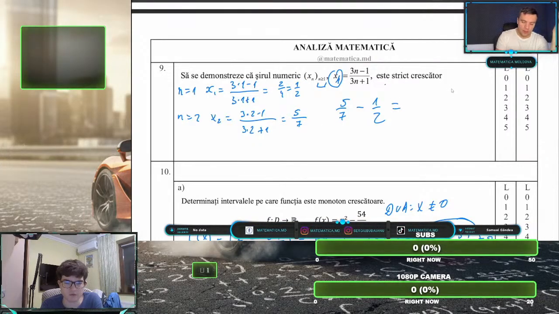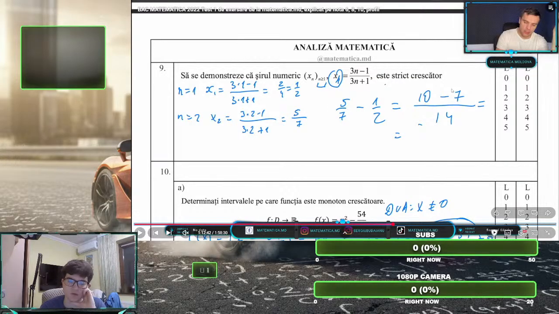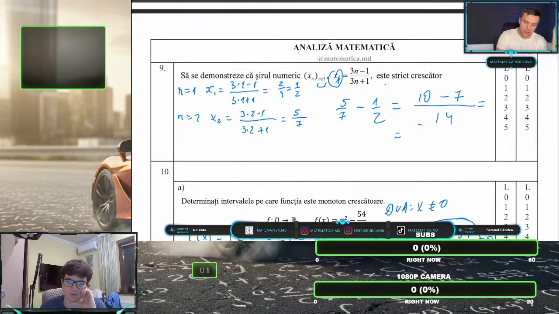So if you do the minus, you're going to have 10 minus 7 at the top. I guess you could do it like that, or you could do 14 minus 14. You can do it another way, but I guess like this also works.